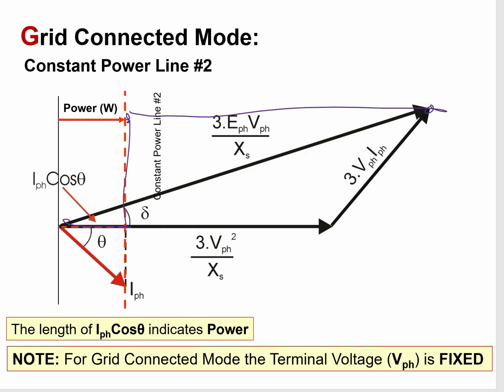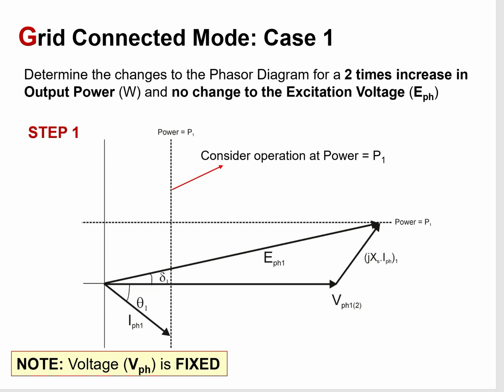And in order to understand its vertical amount, it would be indicated by the length of the product of these parameters. So to understand this better, let us take a look at this question.